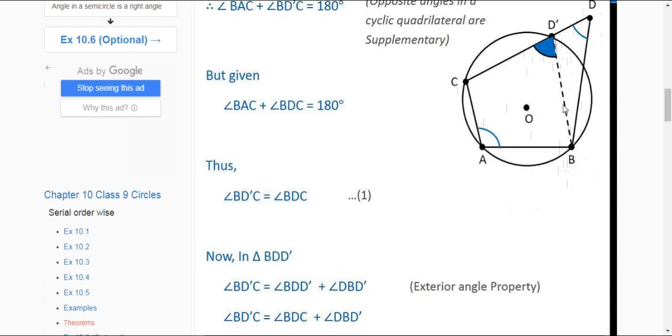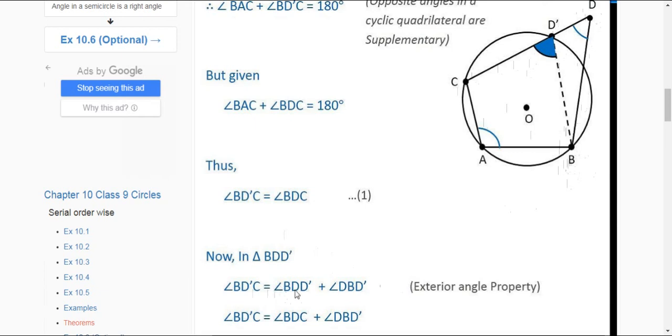Also this BD dash D plus BD dash C equals 180 because that is supplementary. So in that, this BD dash D is common. So what can we prove then? BD dash C equals BDD dash plus DBD dash. That is the exterior angle property actually.